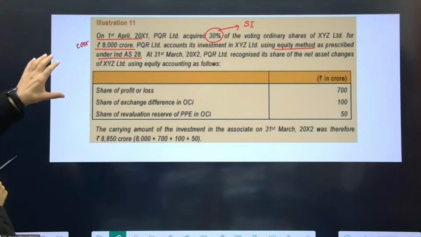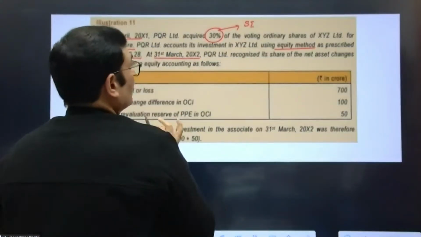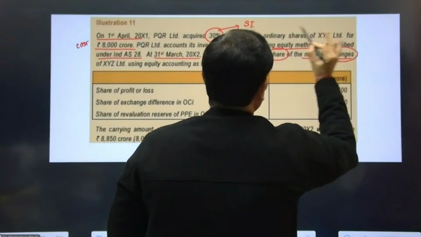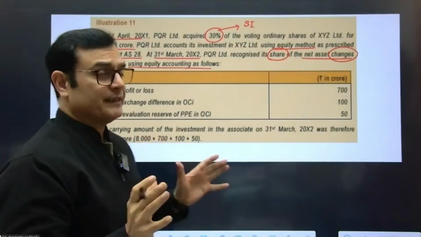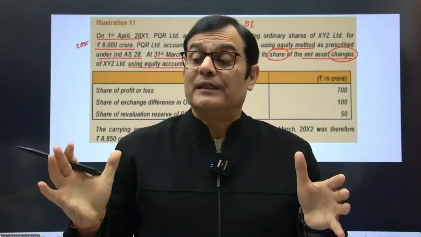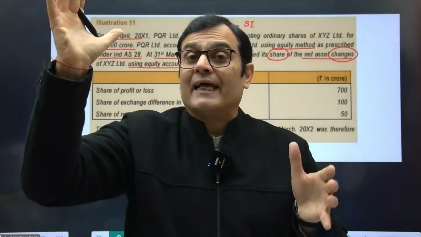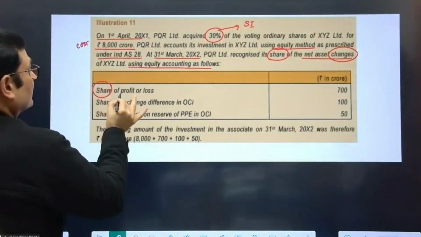Then it gives the status at the end of the year, on 31st March X2. PQR recognized its share in the net asset changes using the equity method of accounting. So over a period of one year, what did it do? What I taught you earlier: it saw the changes in the net assets of the investee and accounted for the changes to the extent of its share. So it took the share in the profit and loss.